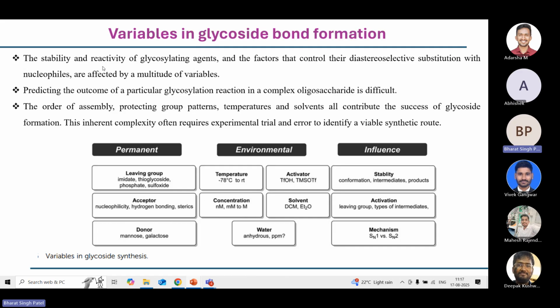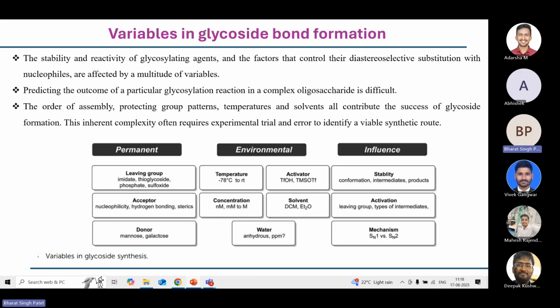There are several ways to modify or affect the outcome of the glycosidic bond formation, but since it depends on a lot of factors, it is very complex. These are the factors affecting the glycosylation and the stereochemical outcome of the glycoside product.